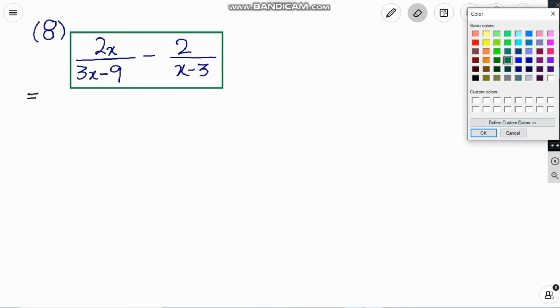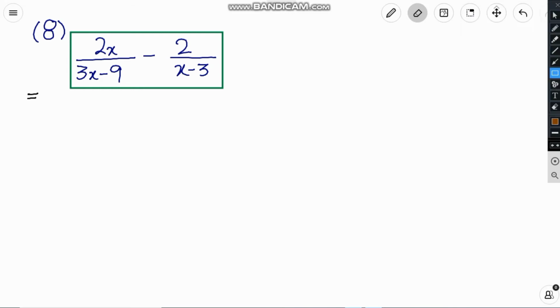Look at your first rational expression, 2x over 3x minus 9. Look at the denominator, here it is 3x minus 9. 3 is common in these two terms, so just take it common. It becomes 2x over 3 into x minus 3, minus 2 over x minus 3. Now your question has become simpler.